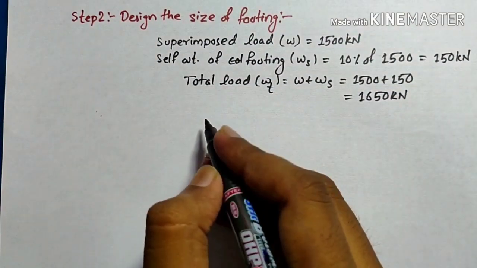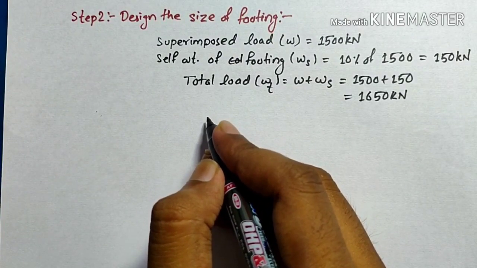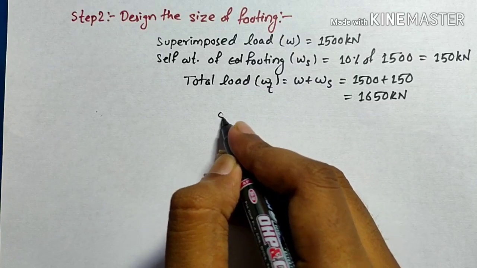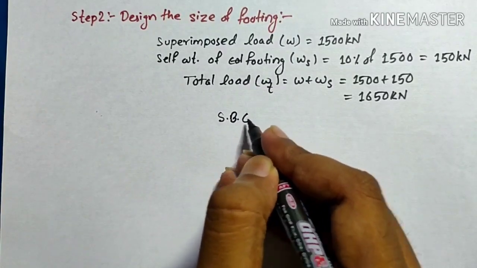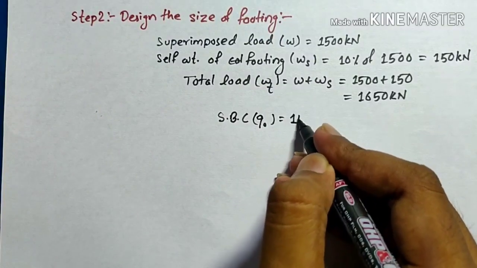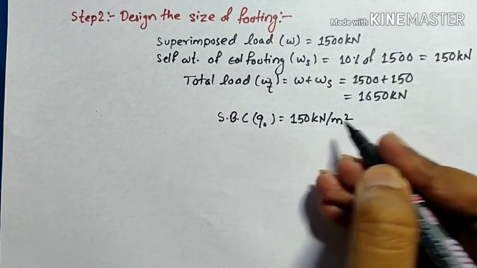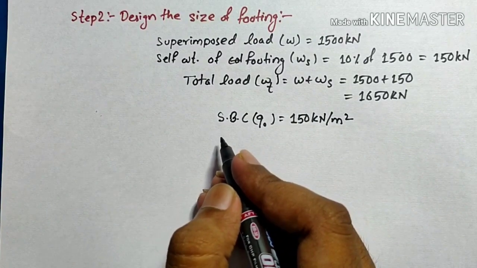We have already calculated that the safe bearing capacity of soil is 150 kilonewton per meter square. So let's write it down. Safe bearing capacity, which is denoted by Q naught, equals to 150 kilonewton per meter square. Now let's calculate the area of the footing.